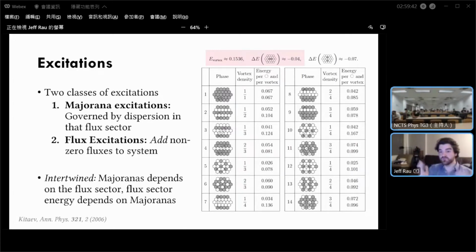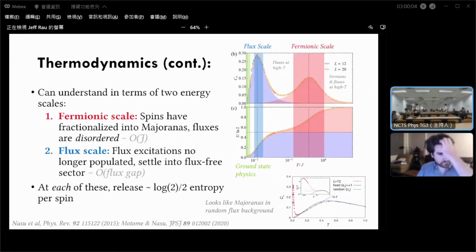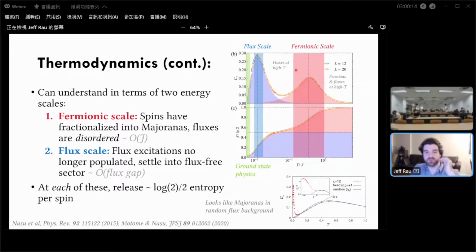So you have two broad classes of excitations. One are these Majoranas, and two are when I can insert gauge fluxes on these hexagons, right? These have a cost on their own, but because the Majorana fermions are coupled to this gauge field, you also change the Majorana spectrum when you stick these fluxes in. And so this basically gives you a picture of this thermodynamics. Essentially, what you're seeing here is two energy scales based on what excitations are basically disordered.